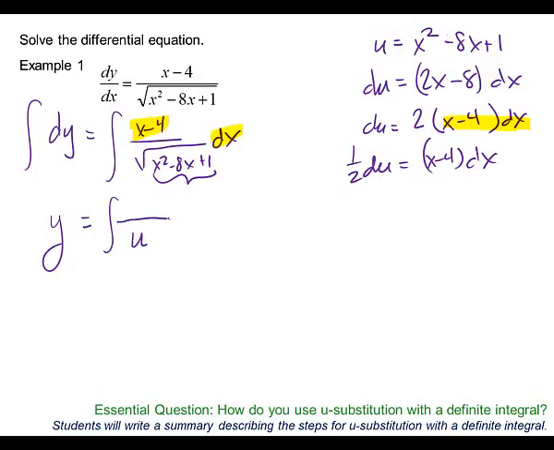At the same time I'm writing that, aren't I going to convert it to a 1/2 power anyways? So might as well put it in now. We'll skip one of the steps we did earlier today. For this highlighted part, the x minus 4 dx, I'm going to put in the 1/2 du. Good job.